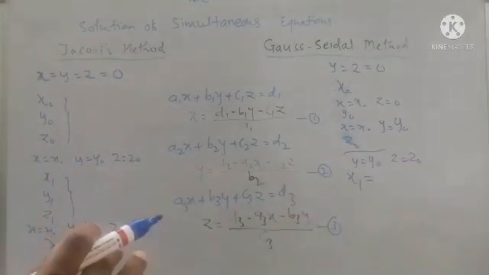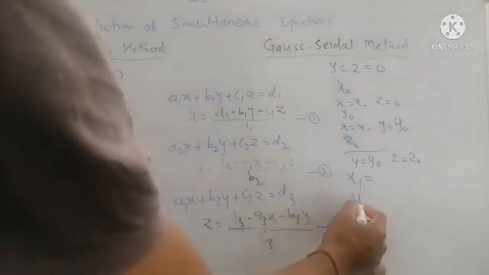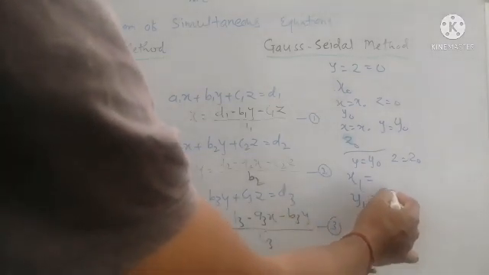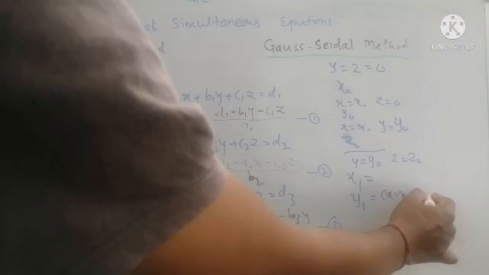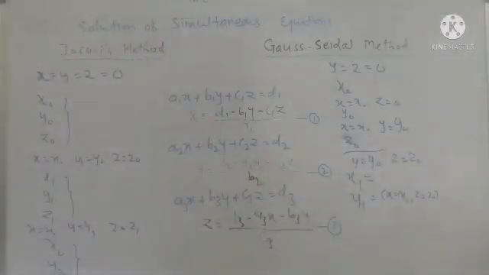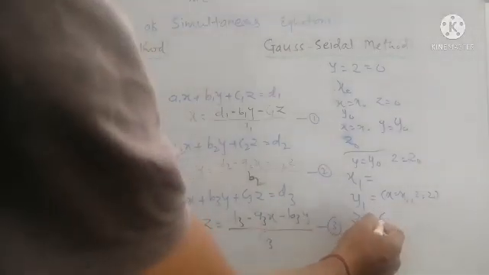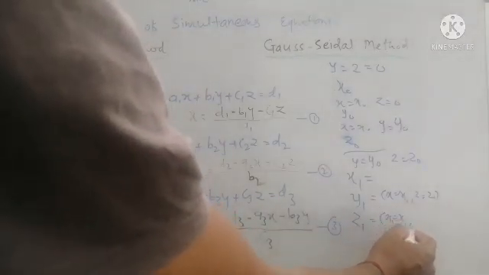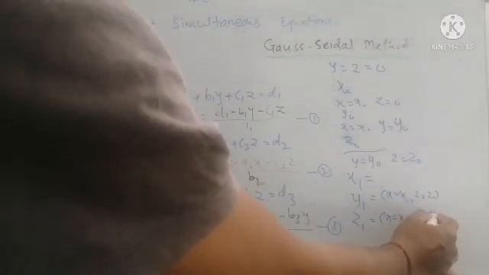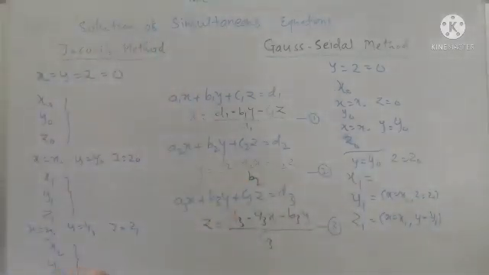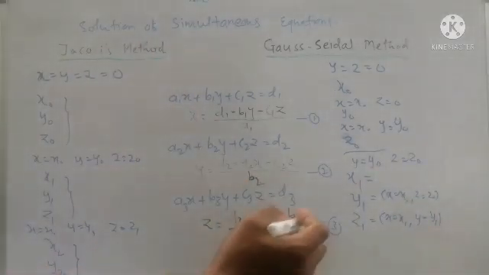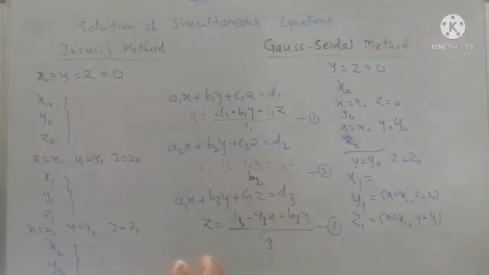Now to find the value of y1, we take x as x1 and z as z0. And for z1, from equation 3 we use x as x1 and y as y1, which we calculated. So x1, y1, z1 are again a new set of approximate roots.